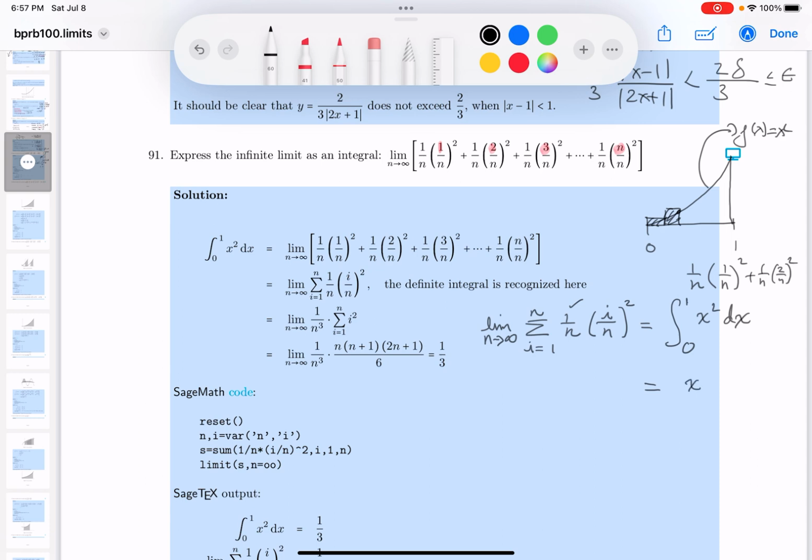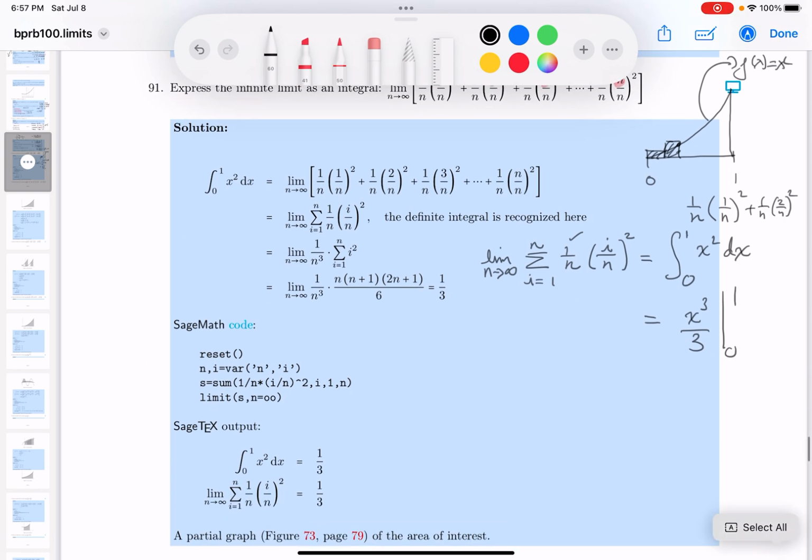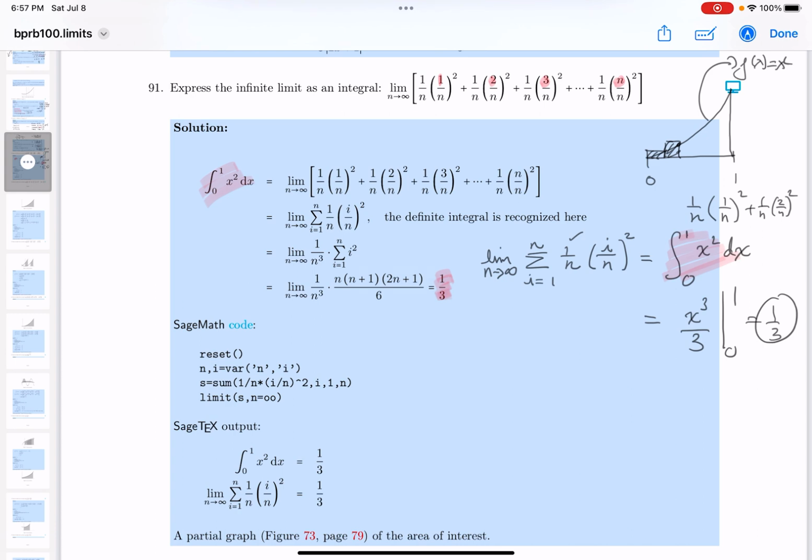It's going to be x cubed over 3, from 0 to 1, and that would be 1/3. So that's what they asked you to do. I did it, and I want to emphasize that this is really what they wanted me to do. I have the value, though they didn't ask for it. So what I want to do now is talk about how to evaluate this sum.